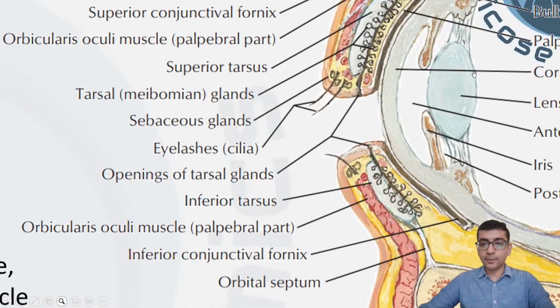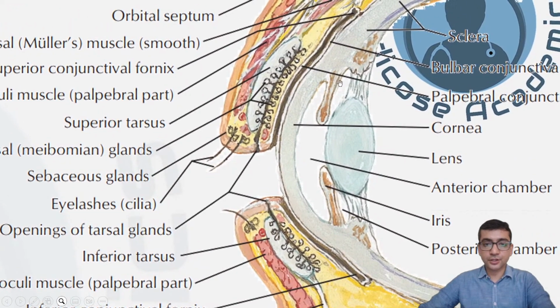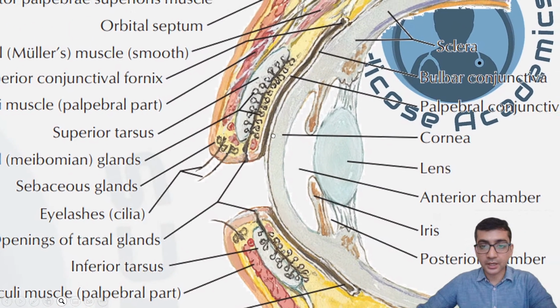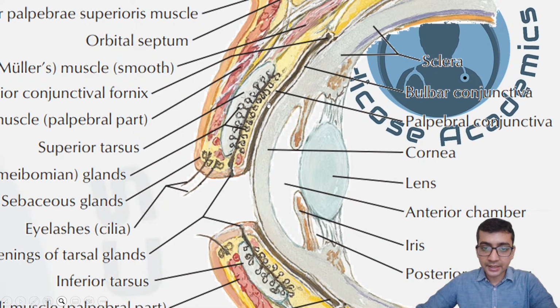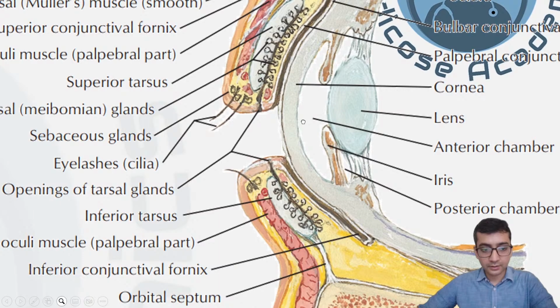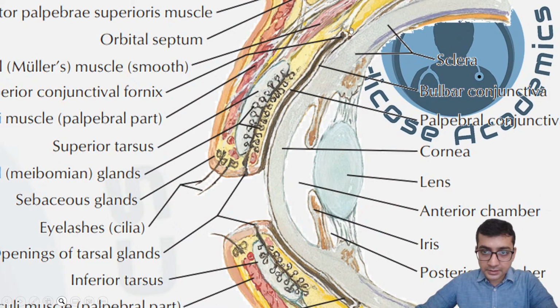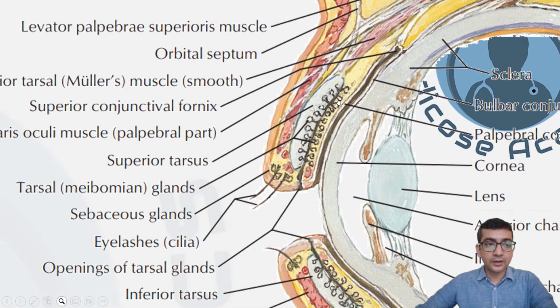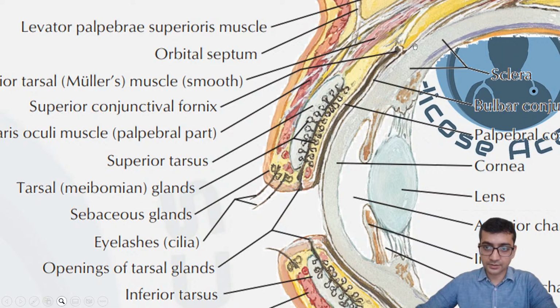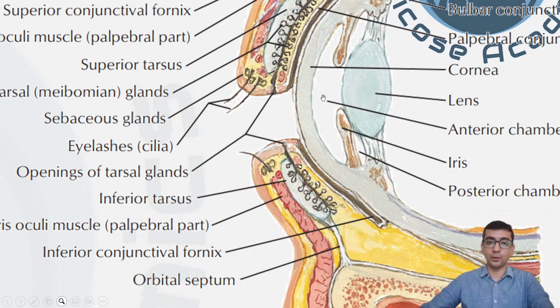Conjunctiva, we can talk about it here. Conjunctiva is shown by a white line in this picture. It covers the inner aspect of the eyelid, the palpebral conjunctiva. It covers the outer aspect of the cornea, the bulbar conjunctiva, and it turns around the angle, and that is known as the conjunctival fornix, the superior one up, the inferior one below.